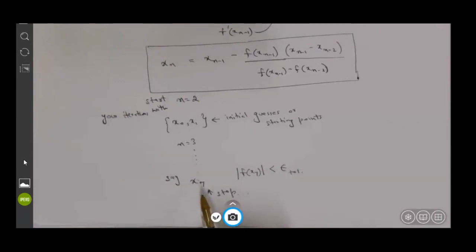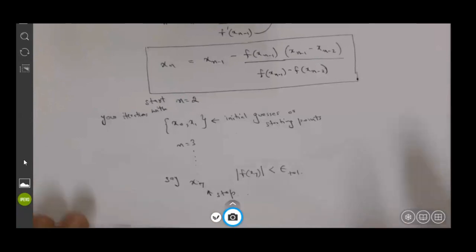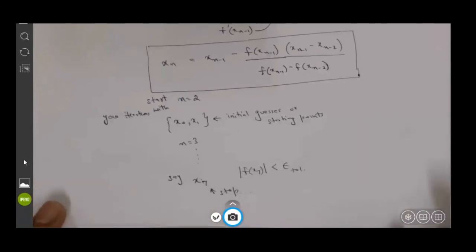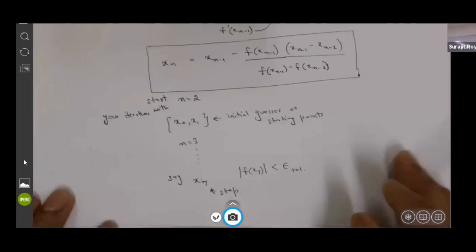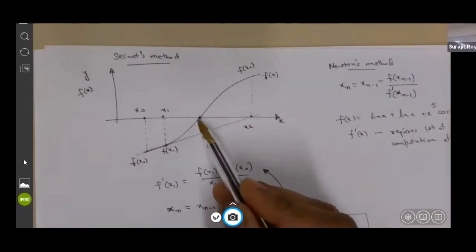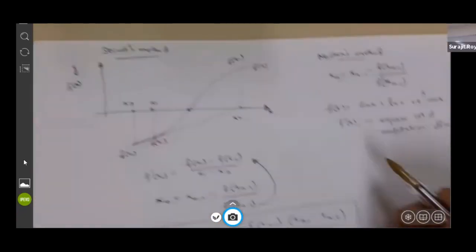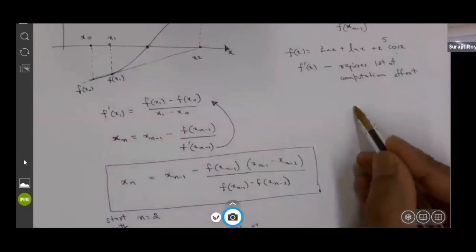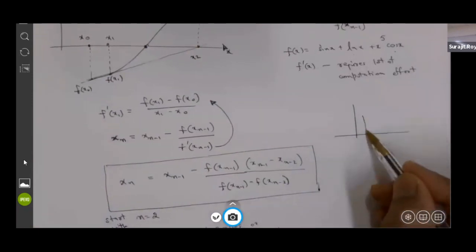Professor, in all these methods, there's only one root inside the interval, right? What if there is more than one root? Or do we know there's only one root? There is no way to know that there is only one root, because for open methods, the function may not look like this, but it may look like this.